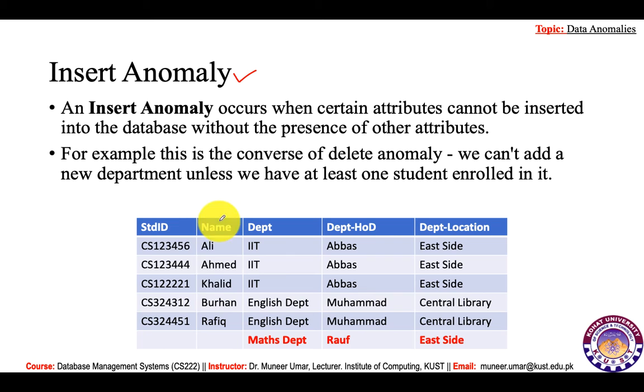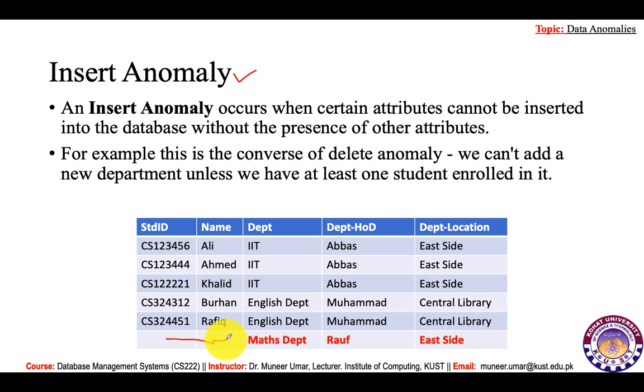So consider this table. Here we are going to insert data about the department. We are going to insert the department name, then department HOD and location of the department. But we don't have the student information. It is a situation when there is no student in the department, but we are going to create a department.